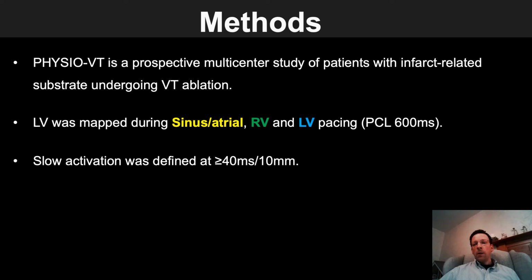Now, the goal of these substrate maps was to identify regions with slow conduction, where the apparent endocardial velocity was 0.25 meters per second or less. This translates to an inverse velocity of 40 milliseconds per 10 millimeters or more. The reason why we work with the inverse of velocity is purely practical.